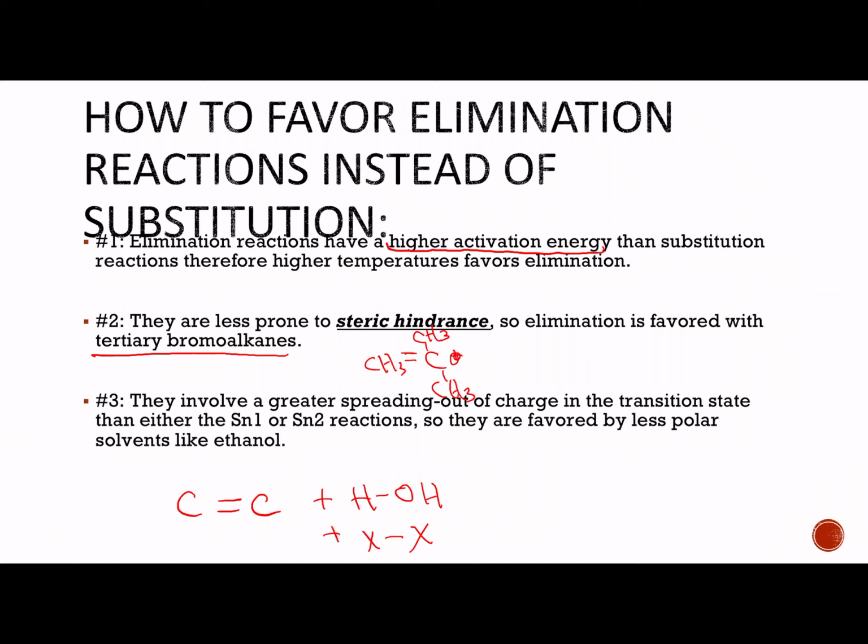Finally, because there is a greater spreading out of charge in the transition state than in either SN1 or SN2 reactions, the elimination reactions are favored by ethanol instead of water.